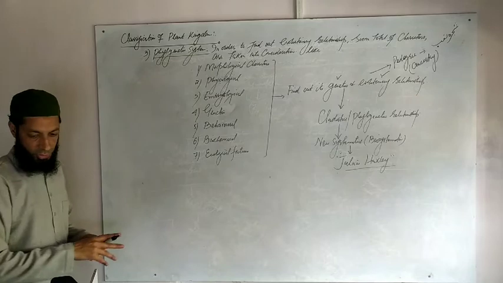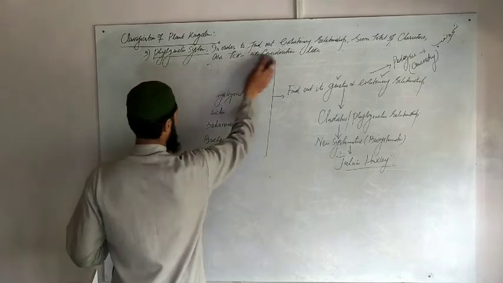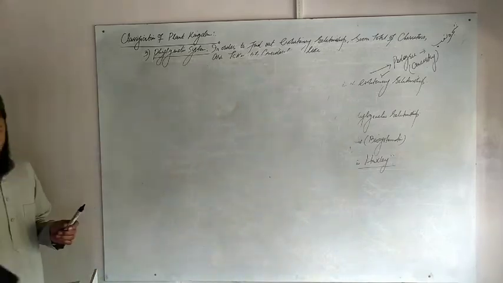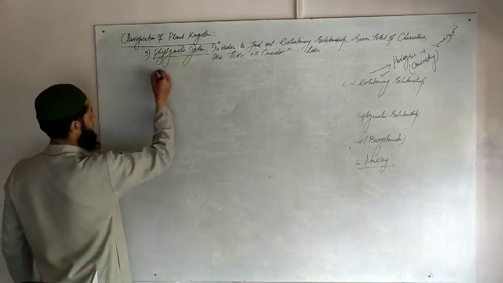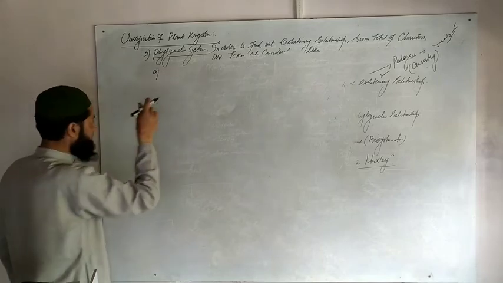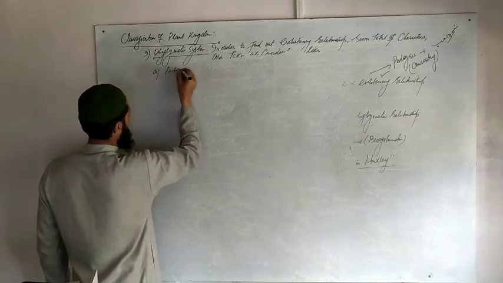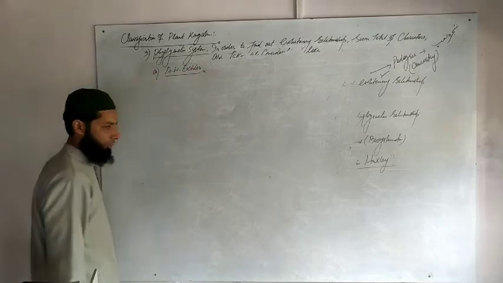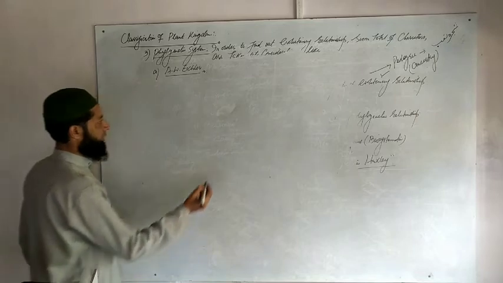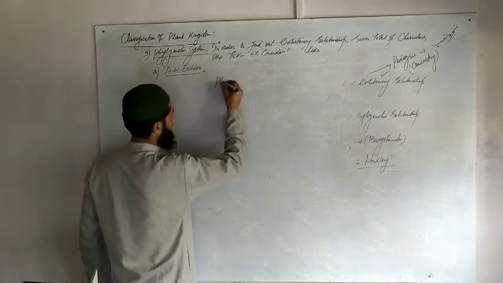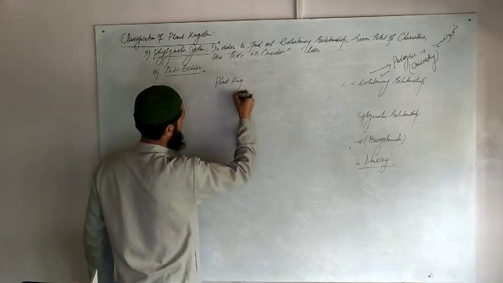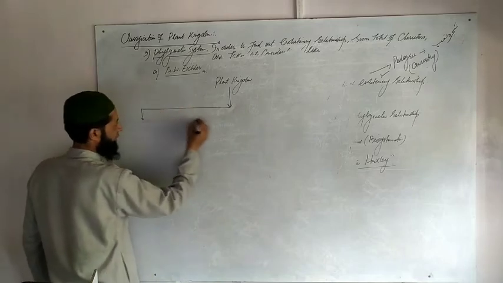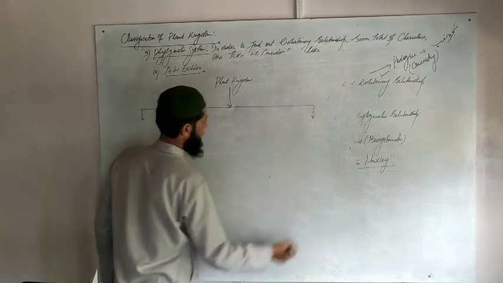And in this system, the first classification was proposed by A.W. Eichler, who divided this kingdom, plant kingdom, into two major divisions.